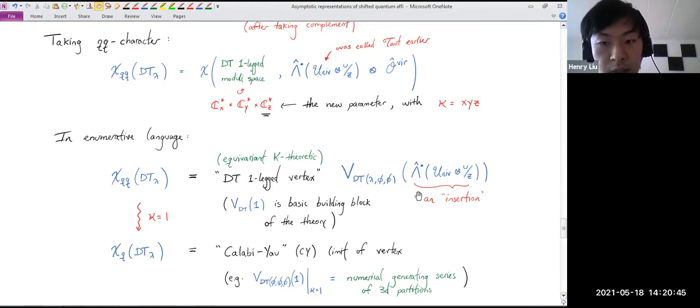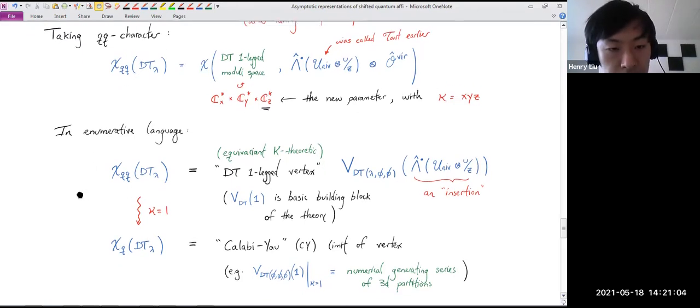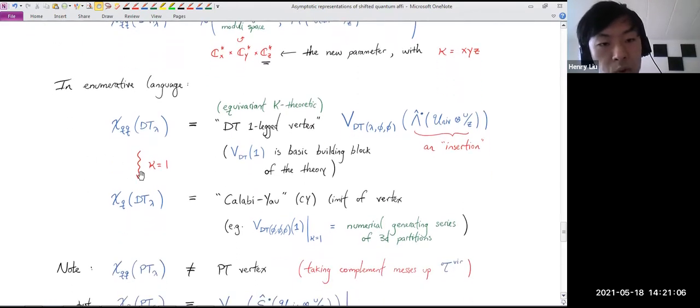With an insertion like this, it becomes more complicated, and it's a very hard problem to gain some control, either geometrically or maybe representation theoretically, over objects like this. We'll see in one second one way of how to gain that control. Here it's worth mentioning that when we take kappa equal to 1, in terms of representation theory, we get the Q character limit.